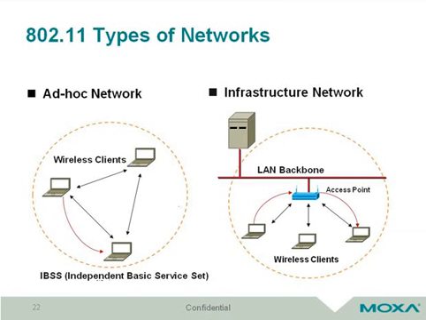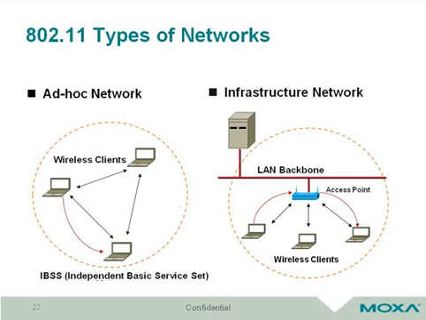Typically, IBSSs are composed of a small number of stations set up for a specific purpose and for a short period of time. For example, two laptop users wishing to share files could set up an ad hoc network and share files over the wireless media directly.